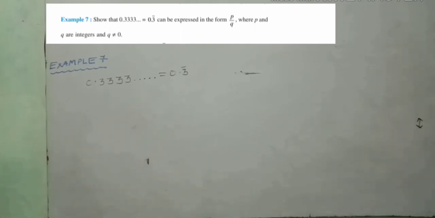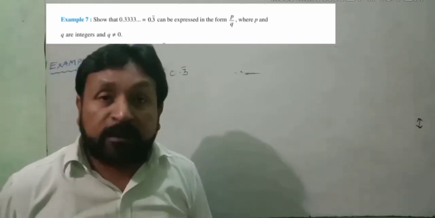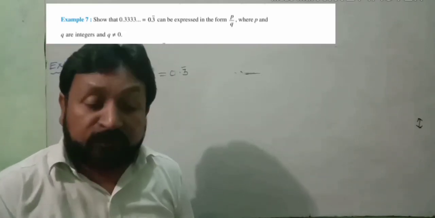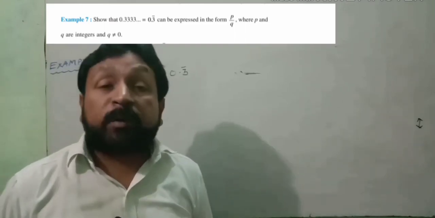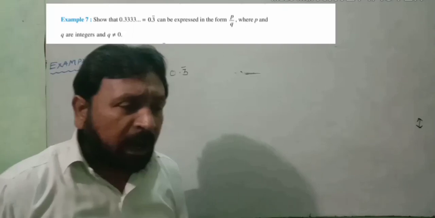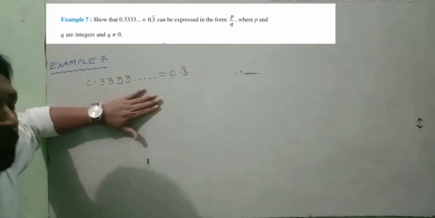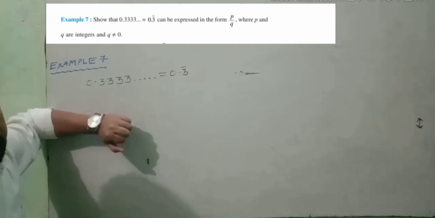Keep my words in a very clear way that example 7, example 8, example 9 are very important questions from the point of view of understanding this exercise and from the point of view of examination also. Okay, so how to do it? We have to express it in the form P upon Q, so there is a method.